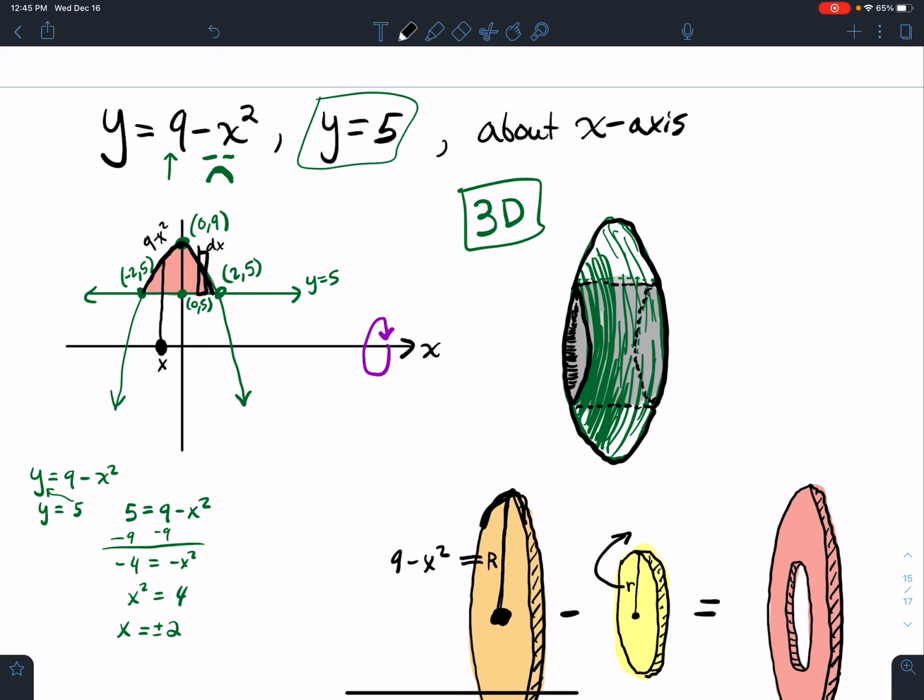Now, what about the inside radius here? What's going on here? For any arbitrary x value I pick, what is the inside radius always going to be? It's always equal to 5. That's what that says right there.